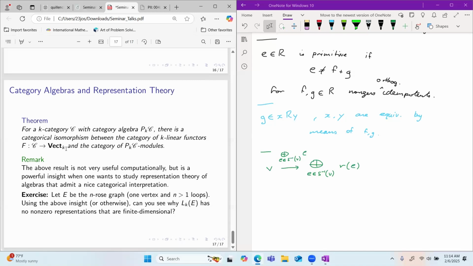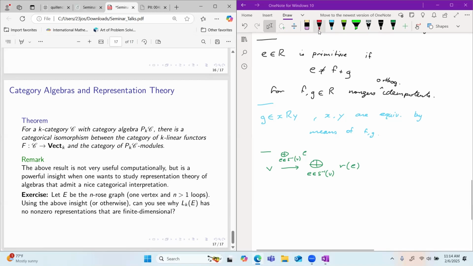It passes from functors on the categories side to module or representation theory on the algebra side. It's not a very useful computational result, but it is a good insight if you want to study representation theory of algebras which have a nice categorical interpretation.